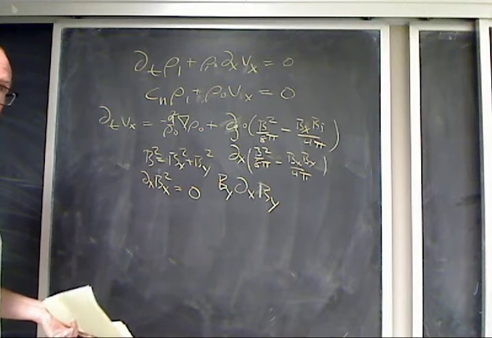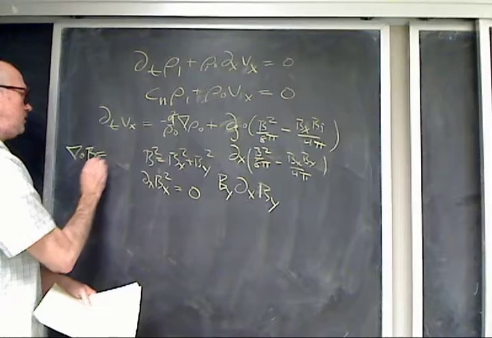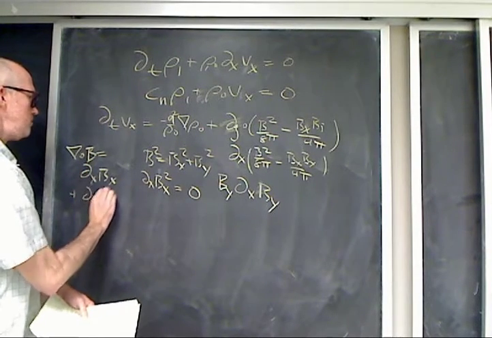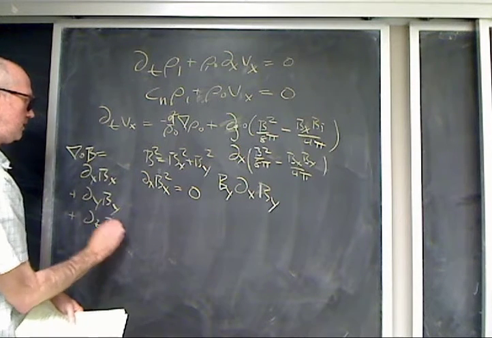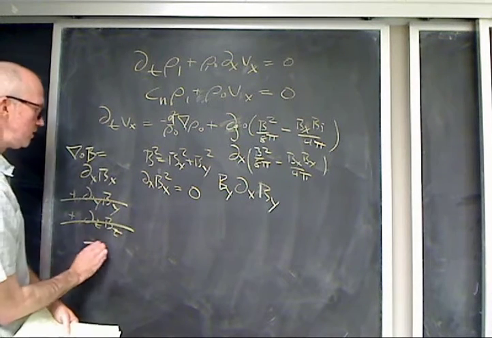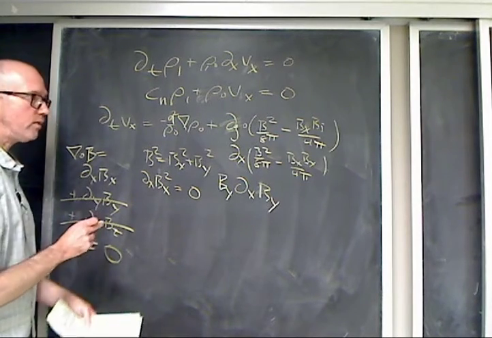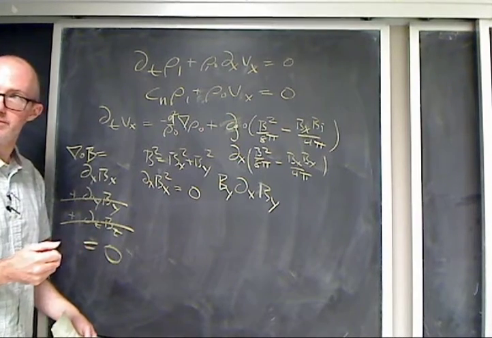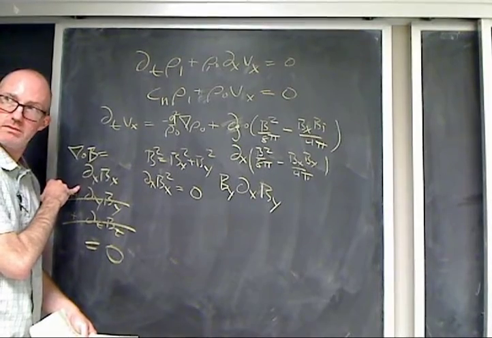Because div B is 0. So div B is dx Bx plus dy By plus dz Bz. This equals 0 by Maxwell. I get rid of these two because I oriented my universe so that the derivatives in y and z are 0. So that means the derivative of x along x is also 0, because div B is 0.